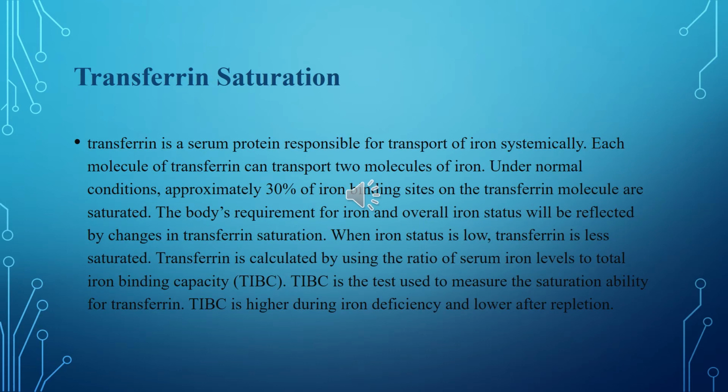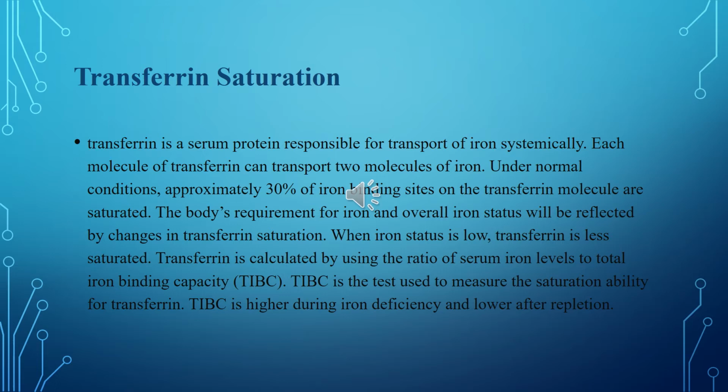We have already discussed transferrin and transport proteins, so today we discuss total iron binding capacity. The total iron binding capacity, TIBC, is a measure of all proteins available to bind mobile iron and depends upon the number of binding sites.